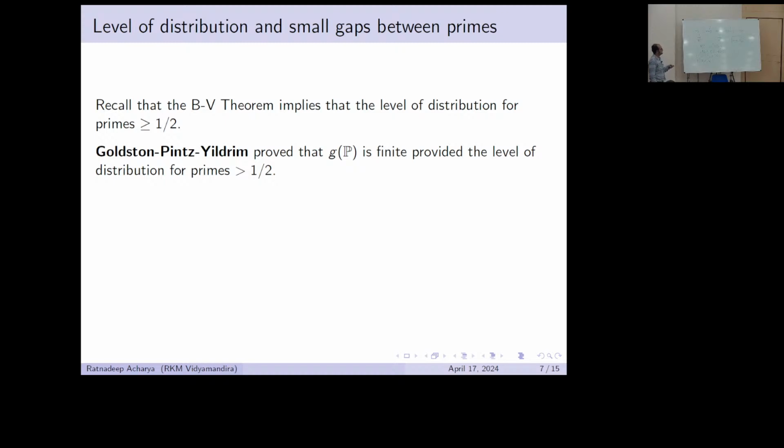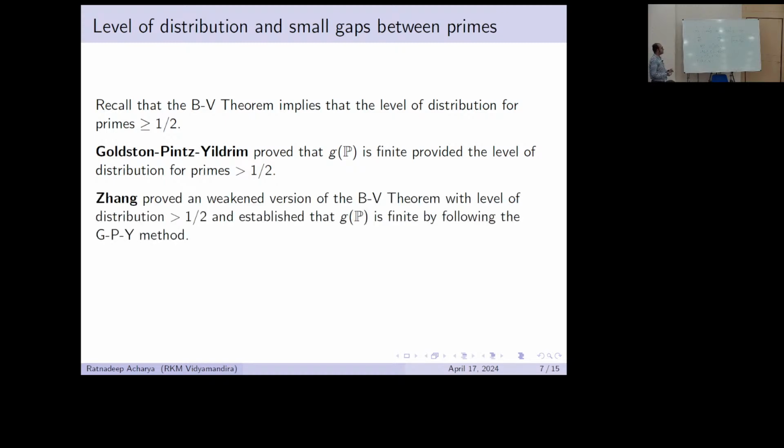Zhang proved a weakened version of the Bombieri-Vinogradov theorem with level of distribution greater than half, and established that G of P is finite following the GPY method. Instead of the classical Bombieri-Vinogradov theorem, a weakened version will suffice, and he proved this version with level of distribution greater than half.